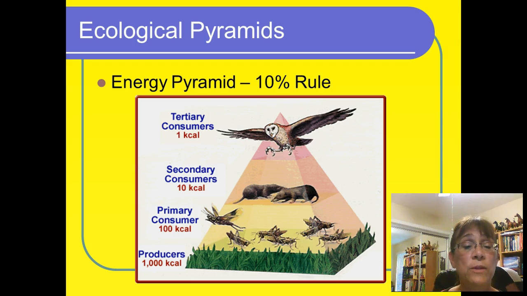So basically 1,000 kilocalories of grass provides 1 kilocalorie of food for the owl as it goes through the transfers. And again, you're seeing the 10% rule. And 10% is the availability of energy.